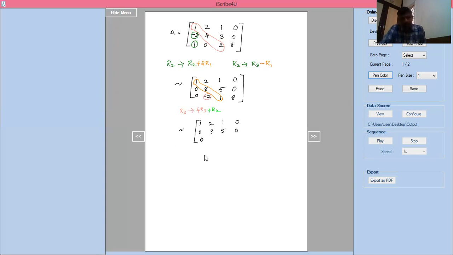Next, 4 into 2 is minus 8, plus R2 is plus 8; minus 8 plus 8 is 0. And 4 into 1 is 4, 4 plus 5 is nothing but 9. 4 into 8 is 32, plus 0 is 32.